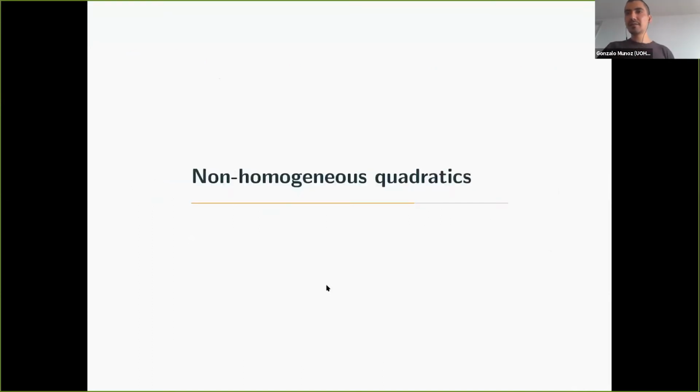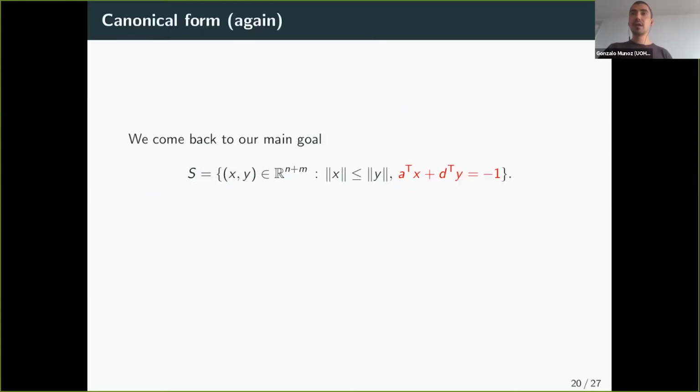Okay, so in the last few minutes, I'm going to give you the idea of how we deal with non-homogeneous quadratics. So we come back to the equality form of this one hyperplane, okay? So instead of having less or equal than 0, we go back to equal to 1.